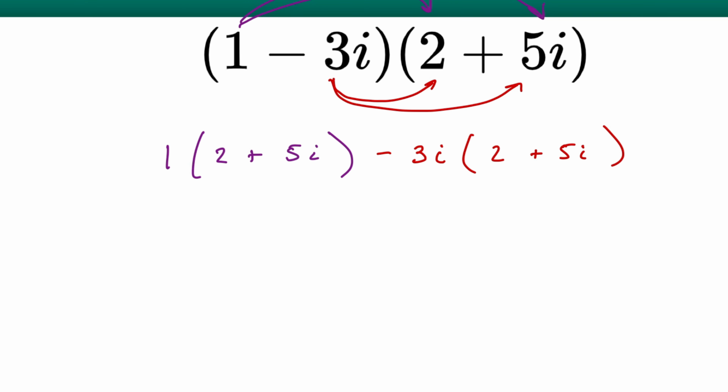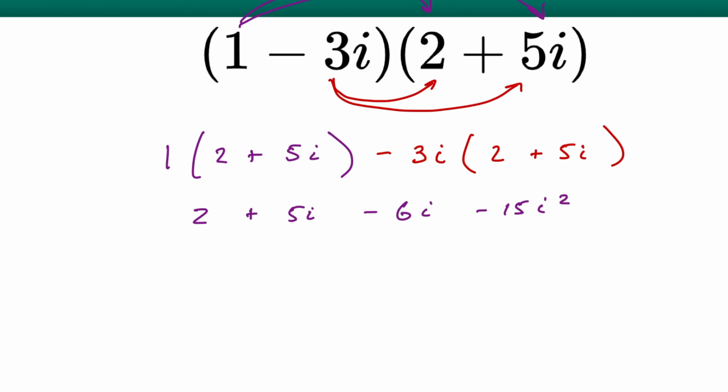I just want you to see the multiplication right now, okay? So here we get 2 plus 10i, 2 plus 5i, and then -3i times 2 is minus 6i, and then -3i times 5i is going to give you minus 15i squared, okay?